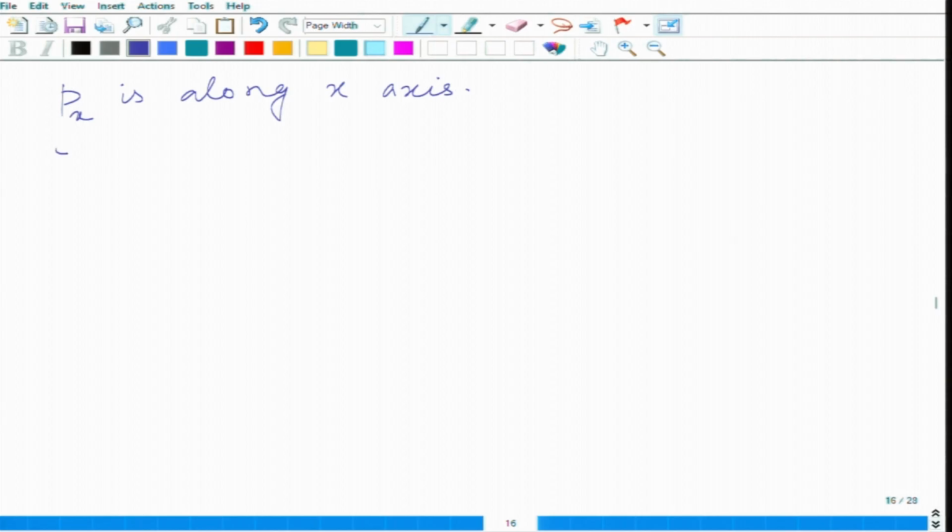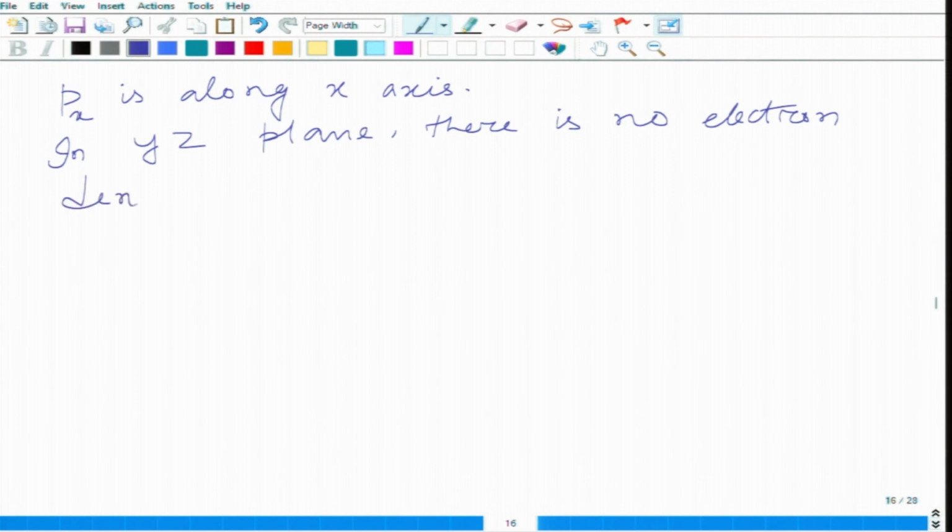So, in the yz plane, there is no electron density. So, the yz plane is known as the angular node or nodal plane.